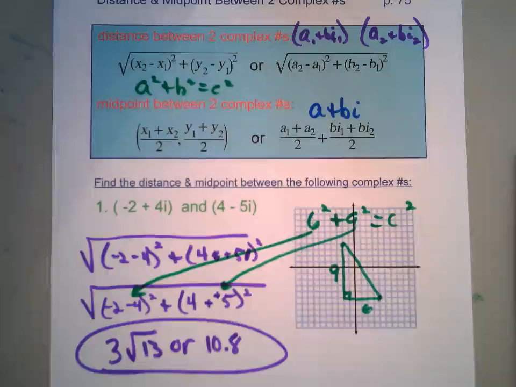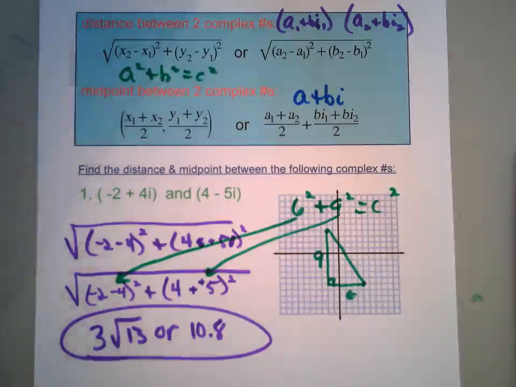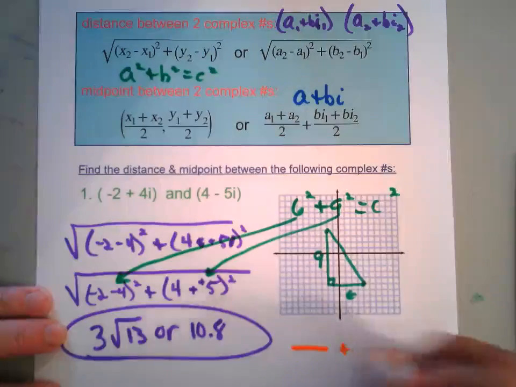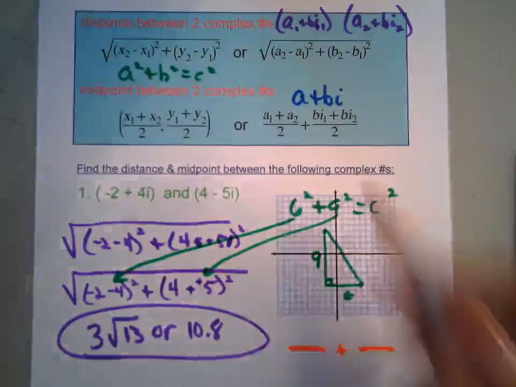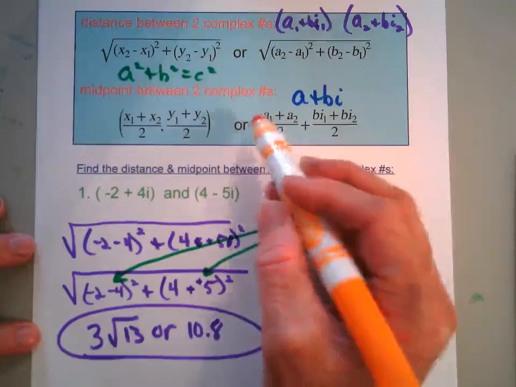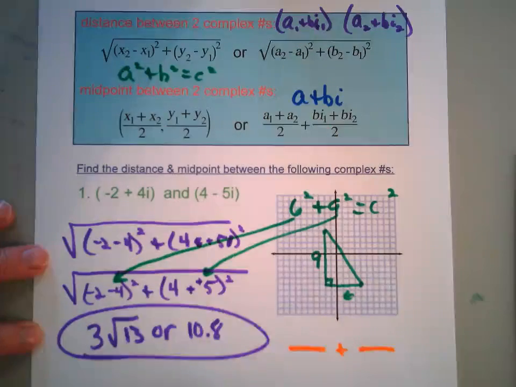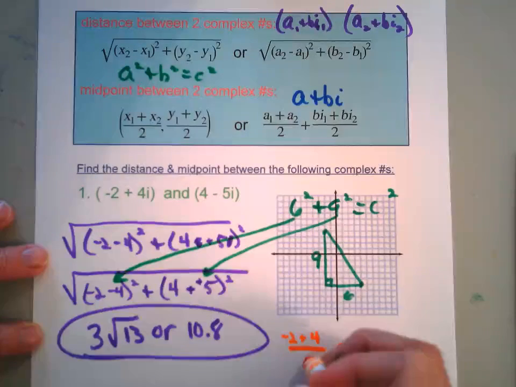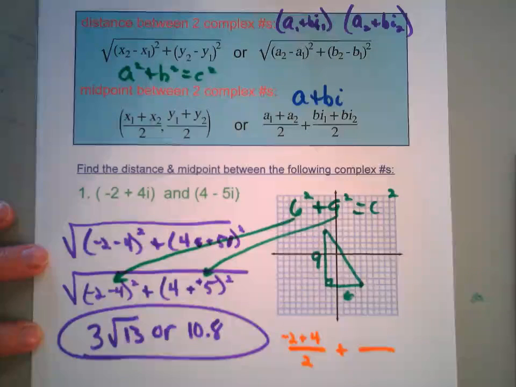But here we'll go ahead and start the midpoint part of this problem. We're going to be following this right here. Take the two a's, add them together. That's negative 2 plus 4. We're going to divide that by 2.